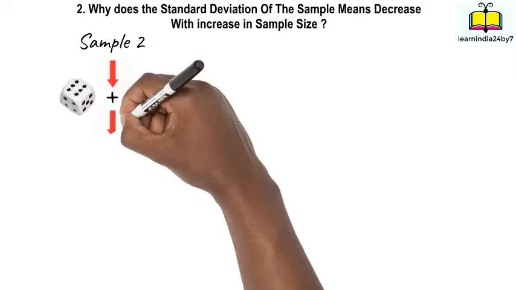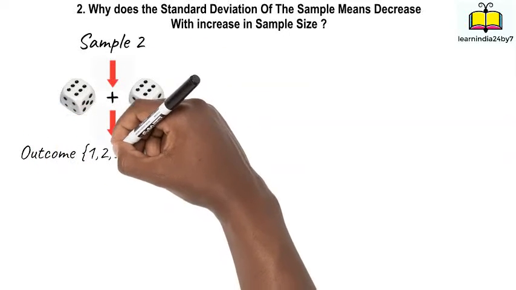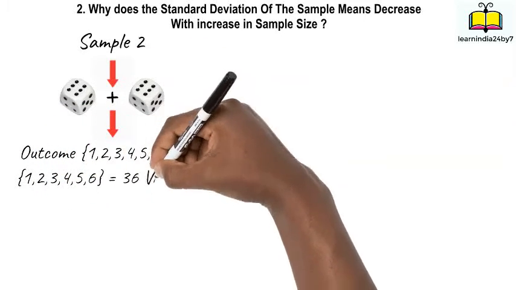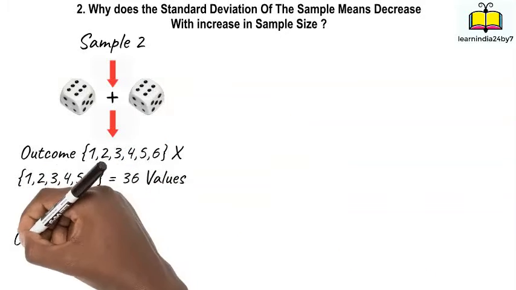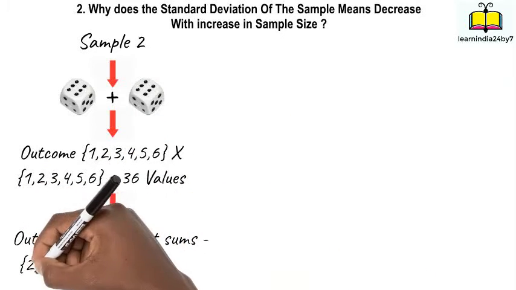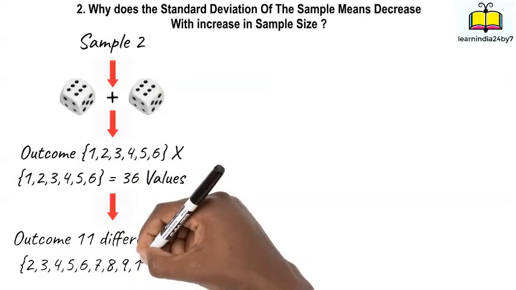If you roll 2 dice, there are 36 permutations of dice rolls, 6 values from the first die multiplied by 6 values from the second die. There are 11 different sums you can get from those 2 dice, the values of 2 through 12.